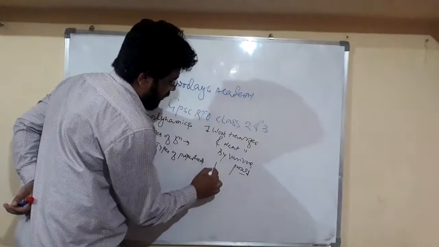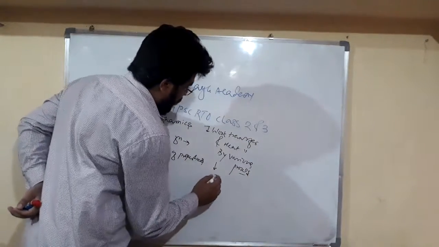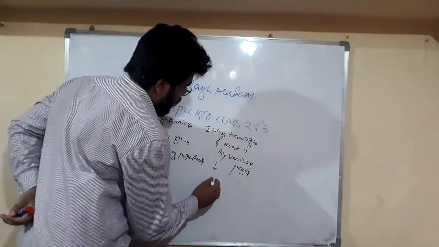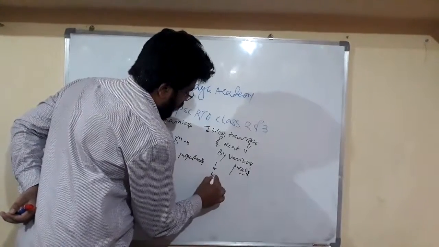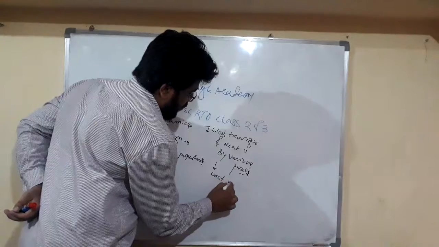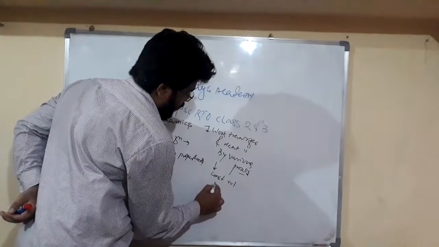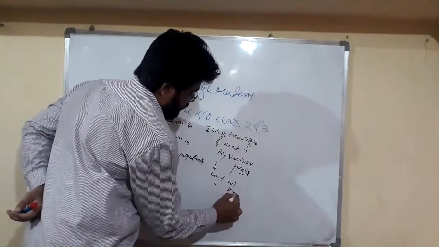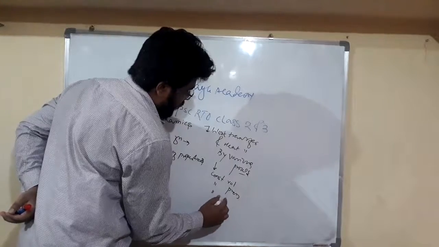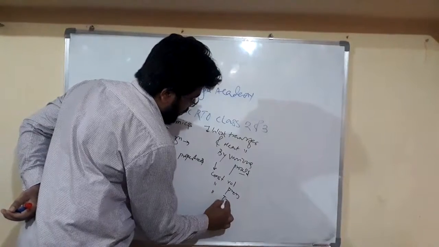In this topic we have completed work transfer and heat transfer for our constant volume process, constant pressure process, and we have also derived the equation for our constant temperature process.